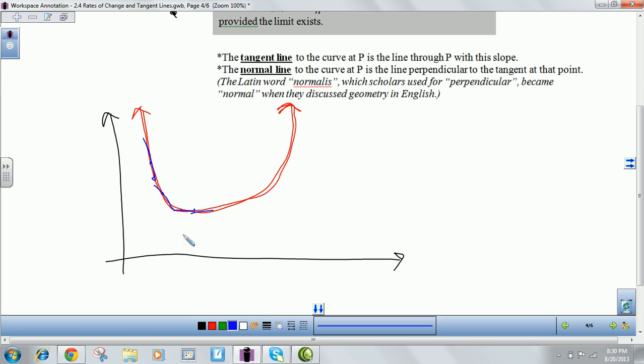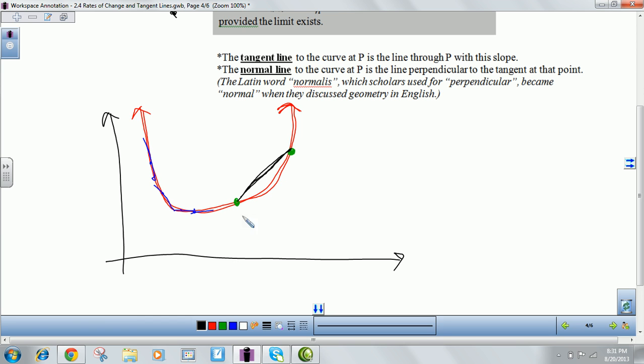Alright, so now the question is, how do we find the slope given only one point? Well, you can't. Alright, I'm just going to put that out there. You can't. You need 2 points on your graph. Okay, so we're going to use those 2 points, and we're going to use the slope of the secant line to find that out.